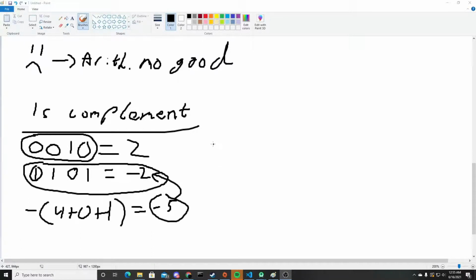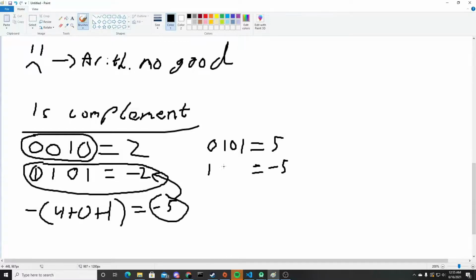So let's say instead we wanted to represent positive 5 in binary. So we have 0, 1, 0, 1, which we know is equal to 5. If we wanted to represent -5, the negative of that number, we would just flip all the bits.